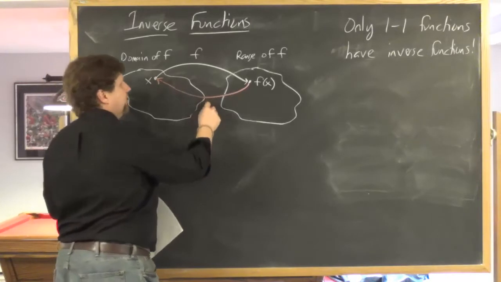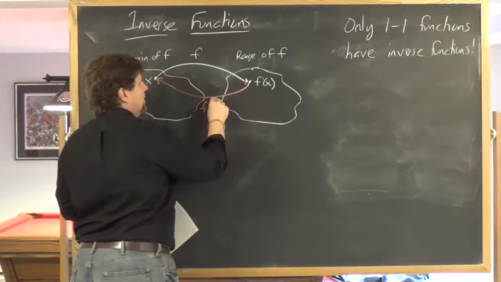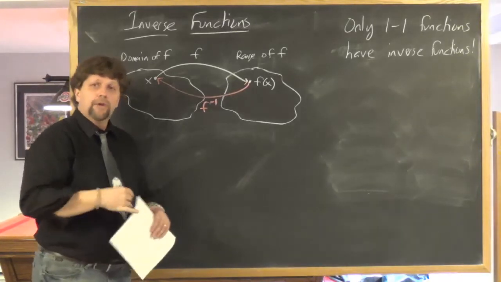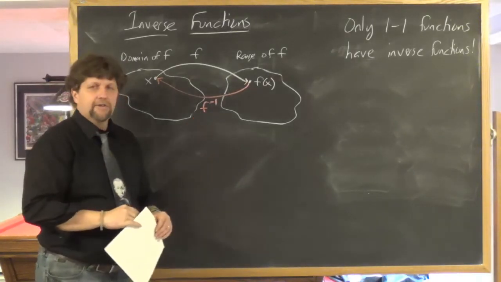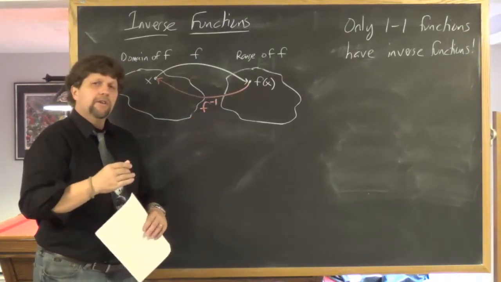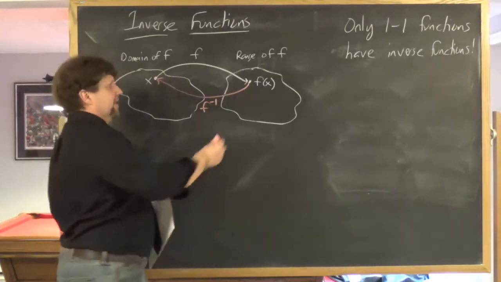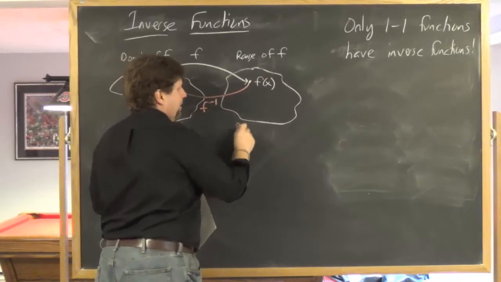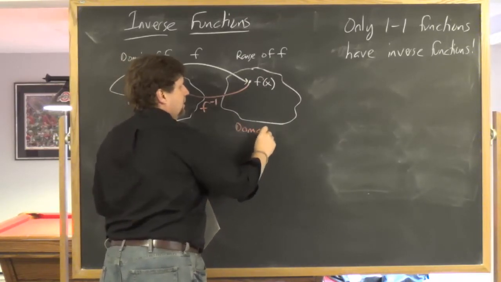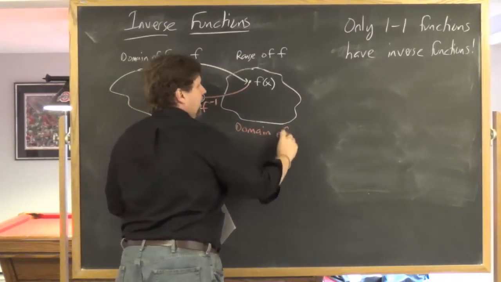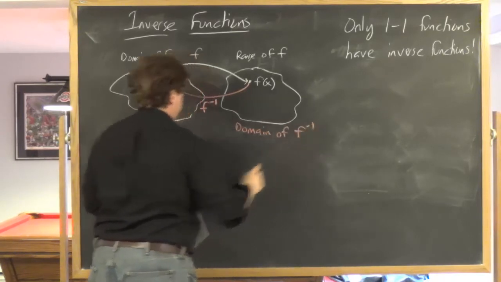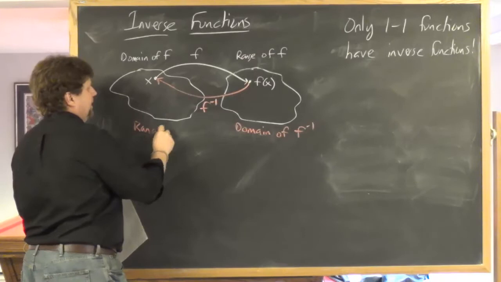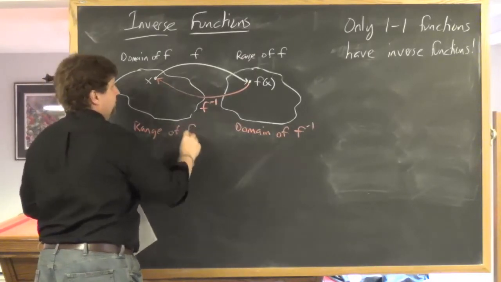The notation for inverse function is that. You read this as f inverse. Notice for the inverse function that this blob represents the domain of the inverse function, and this blob is the range of the inverse function.